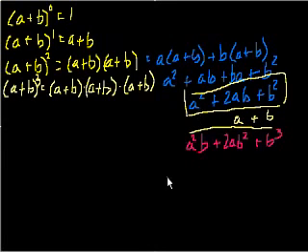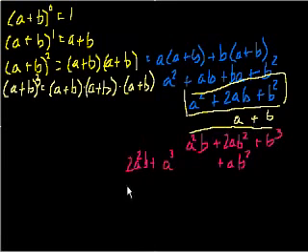Well, that's a cubed. None of these match that, so I'll put it in another column. a times 2ab, well, that's 2a squared b. I'll put that out here. And then a times b squared, well, that's plus ab squared, right?